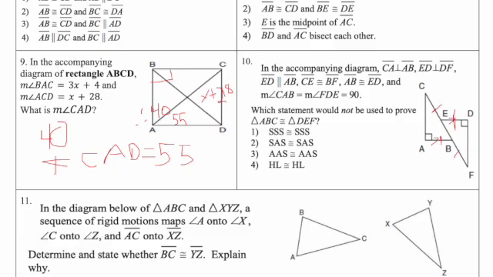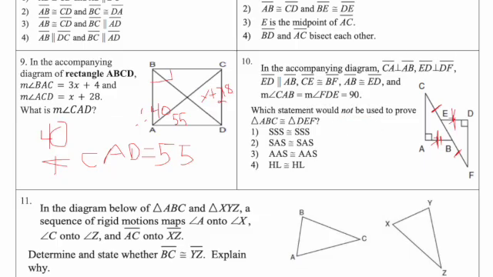So over here we have a side, and this is not the full side. There are a couple of different ways. This says which statement would not be used to prove triangle ABC is congruent to triangle DEF.